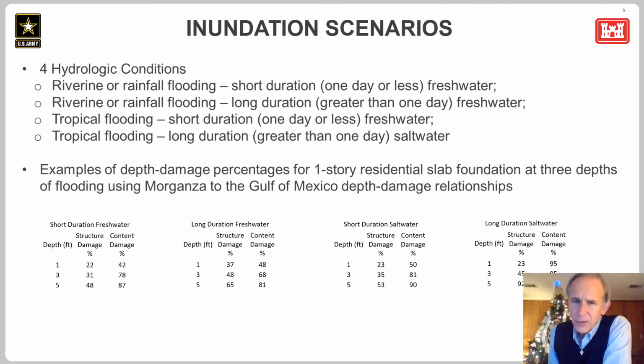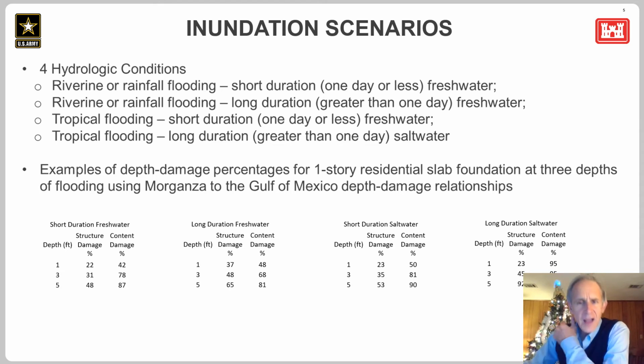Then there's the tropical type of flooding, which deals with storm events such as hurricanes, in which it can be short duration, where water is inside for 1 day or less, and it can be freshwater type flooding, or it can be long duration saltwater, which is more typical of tropical flooding, and it's greater than 1 day.